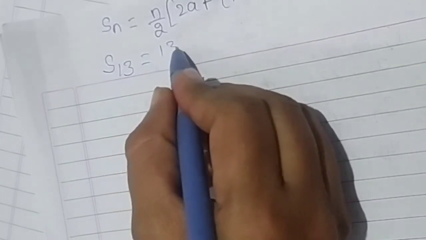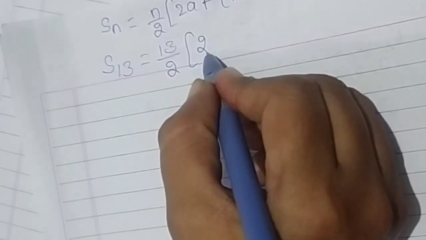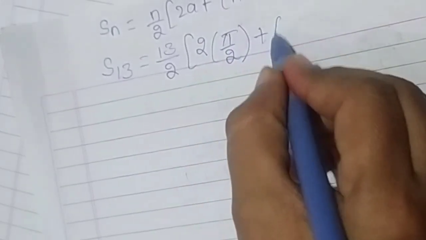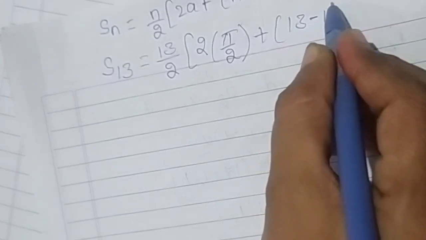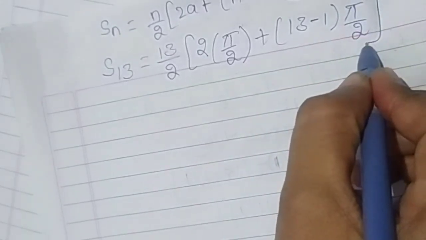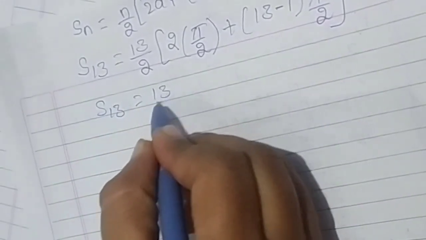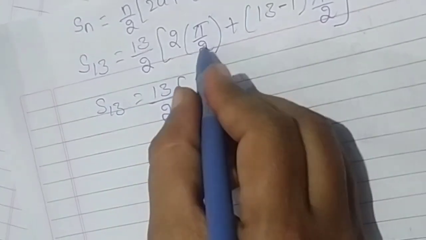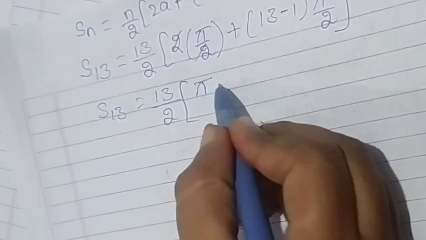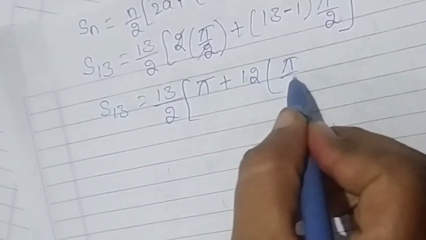Let us substitute 13 divided by 2 into 2a, a is pi by 2, plus n minus 1, that is 13 minus 1, into d, which is also pi by 2. Okay. So S13 is equal to 13 divided by 2 into, here 2 and 2 get cancelled, I got pi plus 13 minus 1 is 12 into pi by 2.